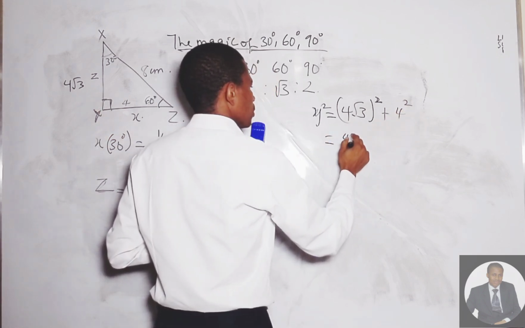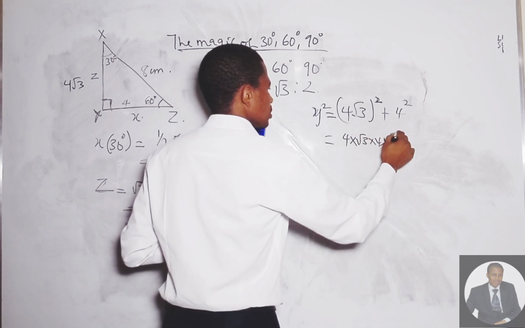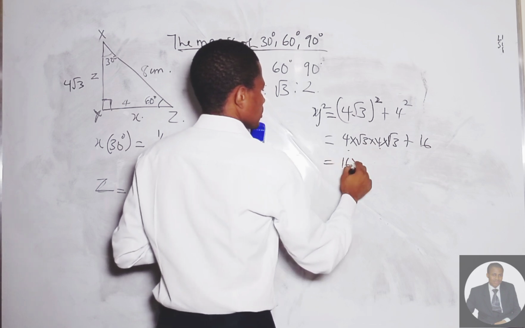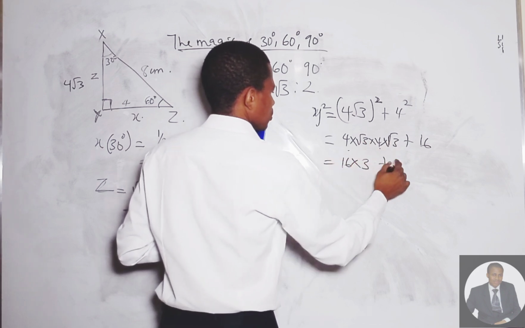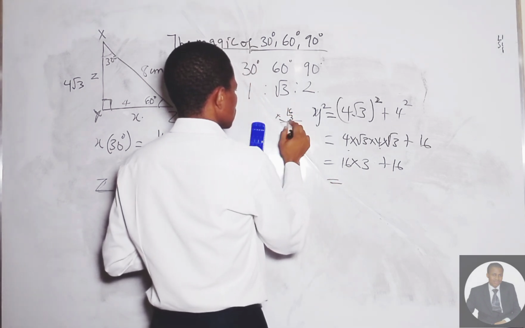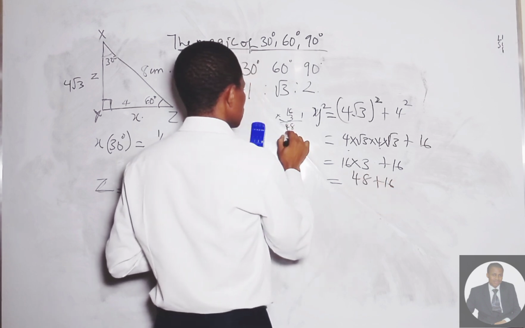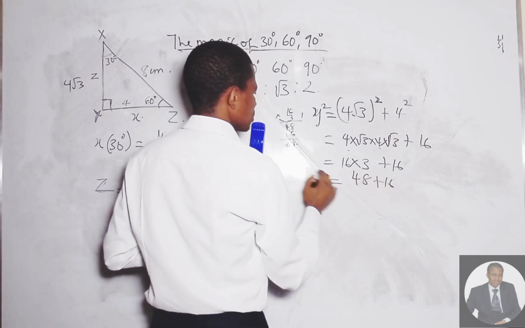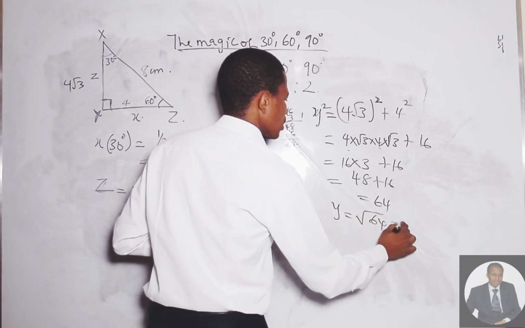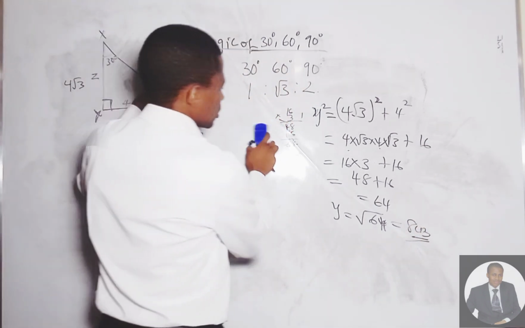That's 4 times root 3 times 4 times root 3 plus 16. 4 times 4 is 16. Times root 3 times root 3 is 3, plus 16. 16 times 3 is 48, plus 16 is 64. So y will be the square root of 64, and that gives us 8 centimeter. Here we have 8 centimeter.